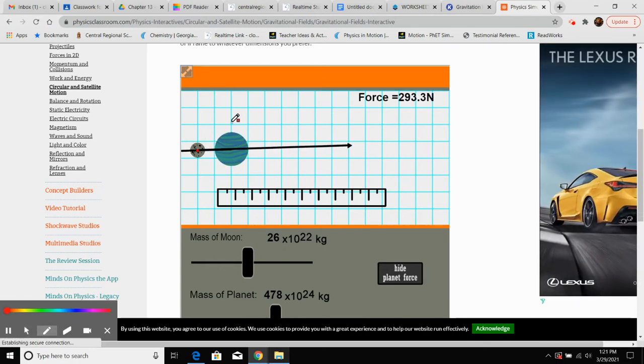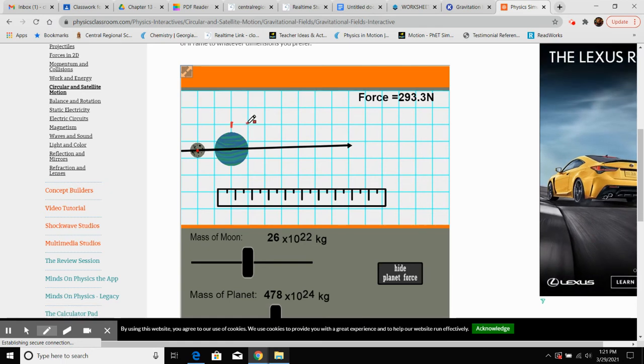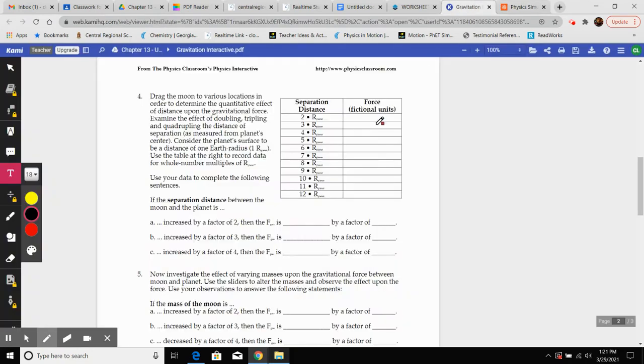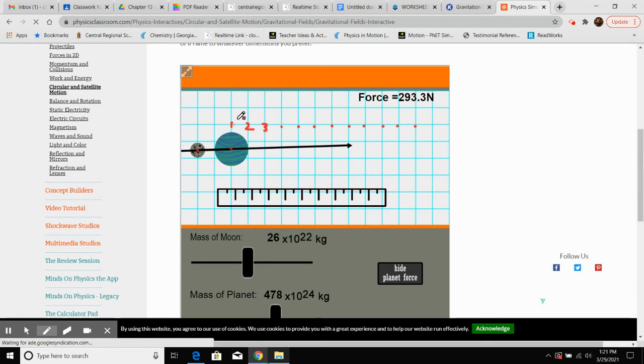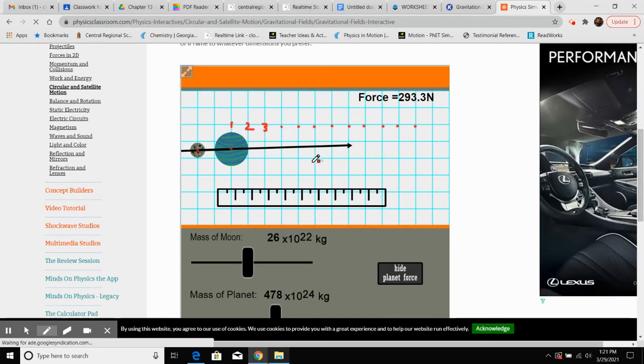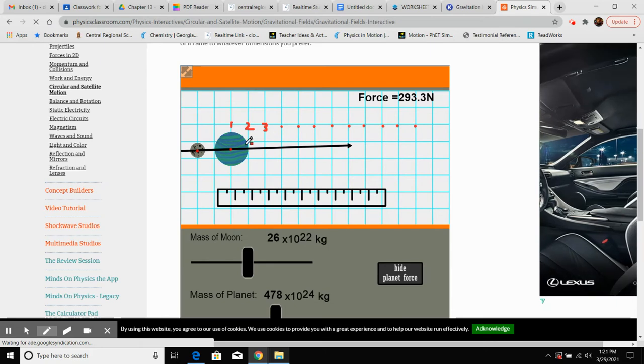And let's just count for a second. Okay, we got 1, 2, 3, 4, 6, 7, 8, 9, 10, 11, 12. So we're going to use this all the way up here to 12 because they ask us to go to 12R. So I'm going to match the center of the Earth with each one of those dots, essentially. And then we're going to record these values.